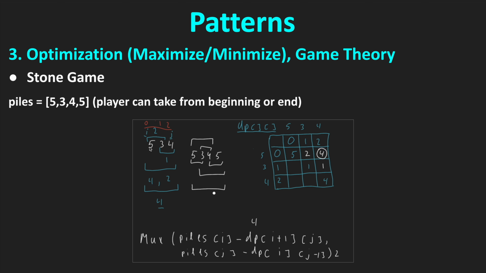Let's take another scenario, where we add one more element to the left. Alice will take 5, and the result for Bob will be 4, because Bob also will play optimally. The difference gives us 4.